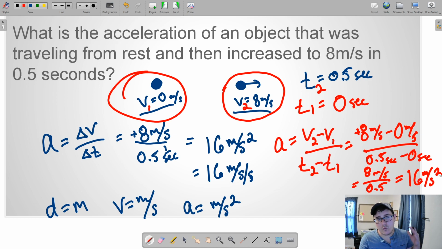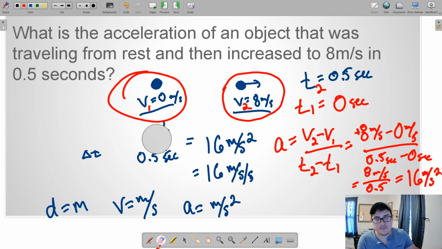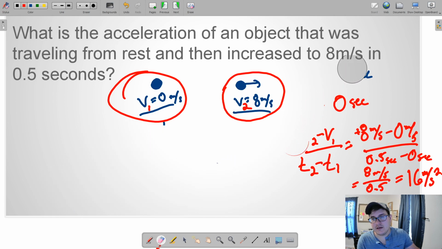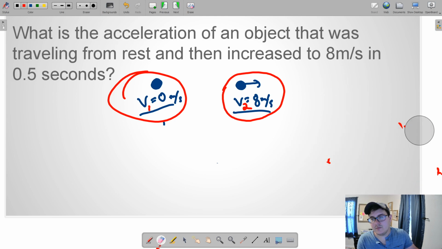Okay, so what is this object doing then? I'm going to erase this a little bit and go back to the picture we have here. What does this picture tell me? This tells me that as time goes on, this object is speeding up to the right.